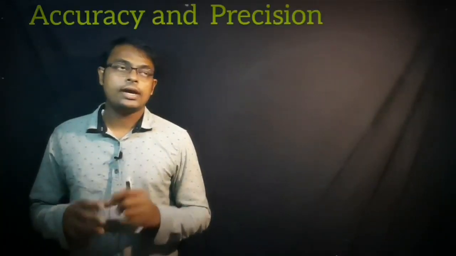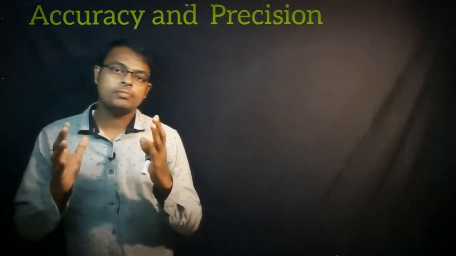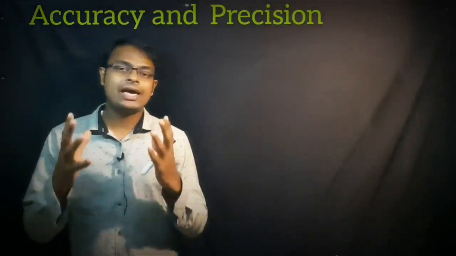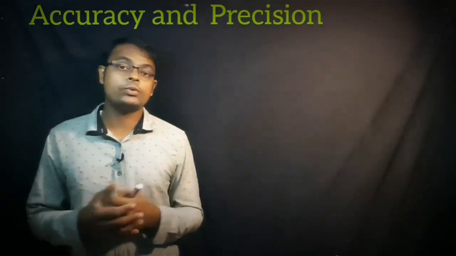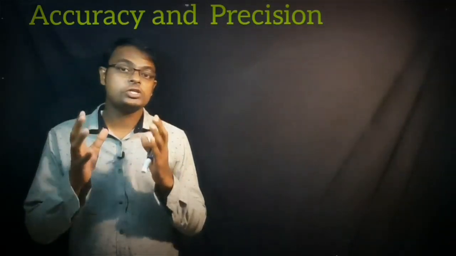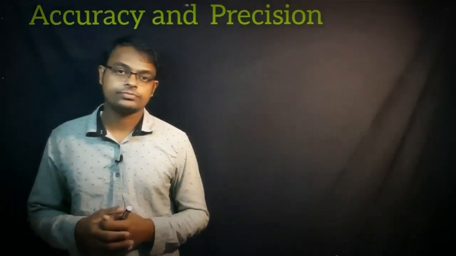Okay, now let's discuss accuracy and precision. What is meant by accuracy? We can say that a measured value is more accurate only when the measured value is close to the true value.